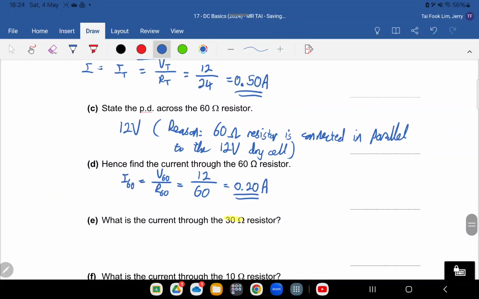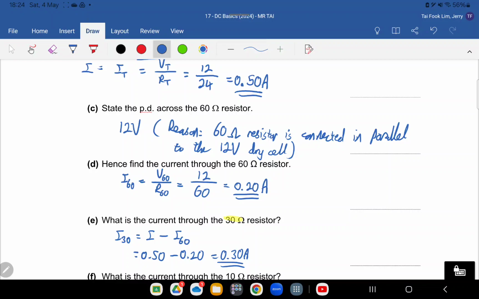So therefore current in the 30 ohm is current in the dry cell minus I60, 0.50 minus 0.20, 0.30 amperes.